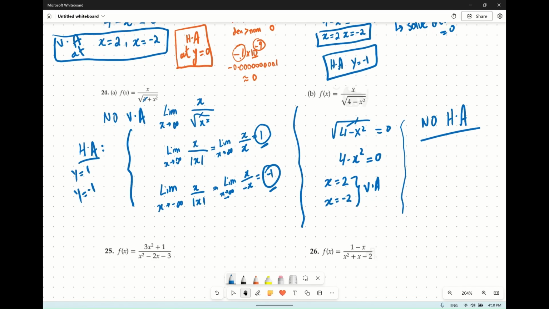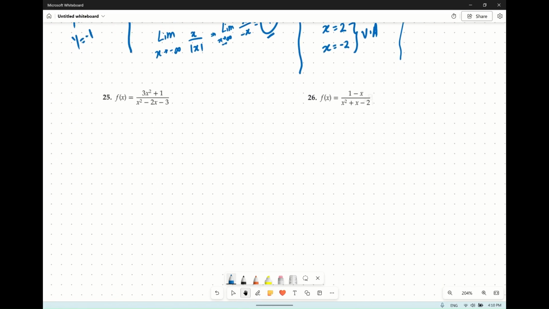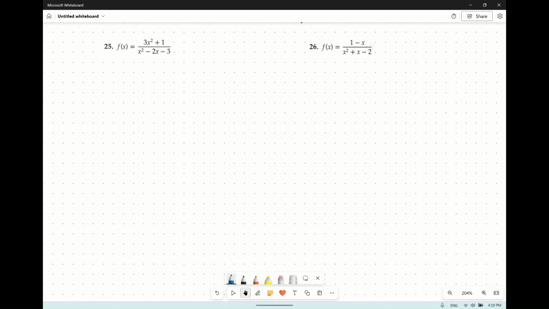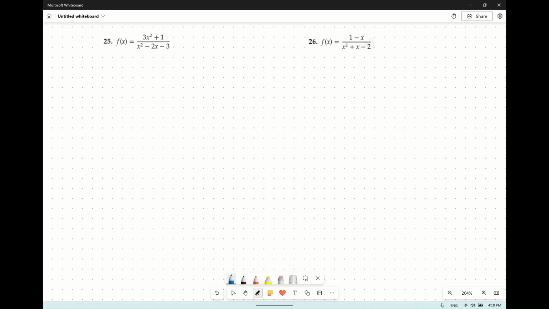Okay, now I come to 25 and 26. 25 and 26 are polynomial over polynomial. So now I start by asking, does anything cancel up and down? Well, since this is a polynomial, I can try to factor it.